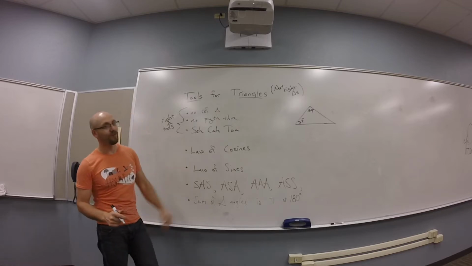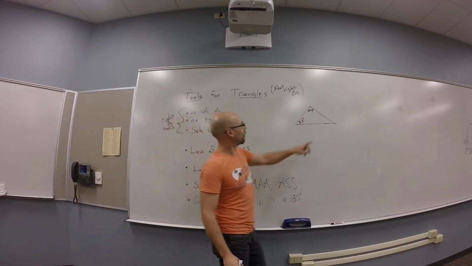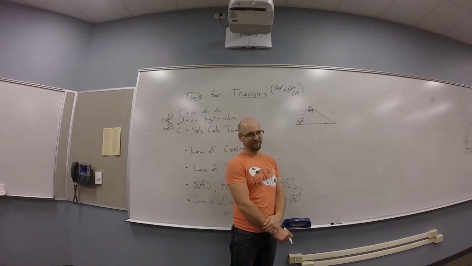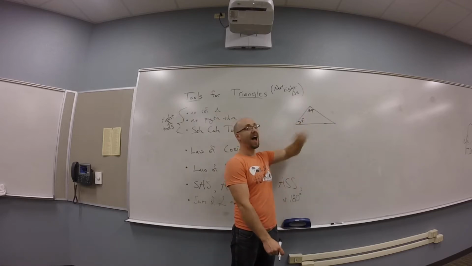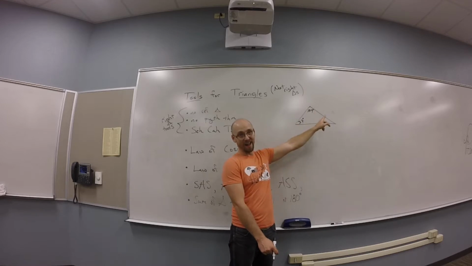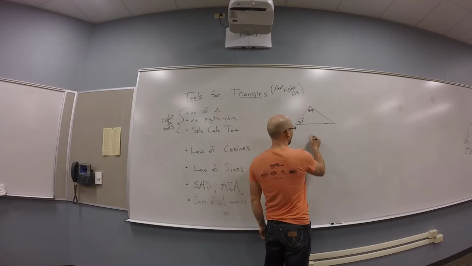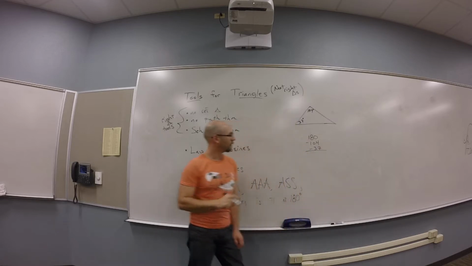All right. So what is my other angle in this triangle? It's 180 minus 104 minus 37. Sorry, no, it's 104. It looks like 184.